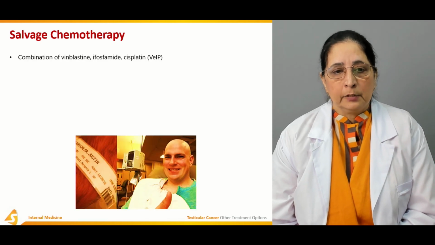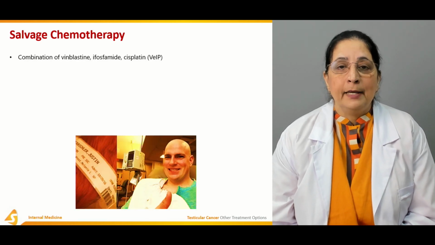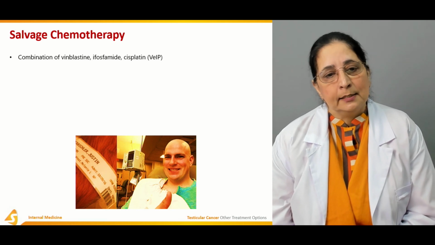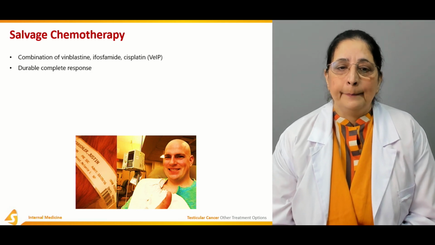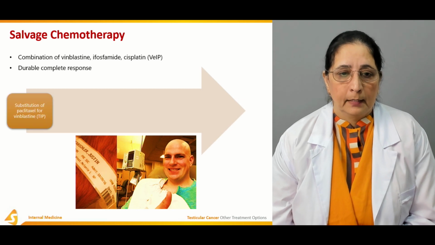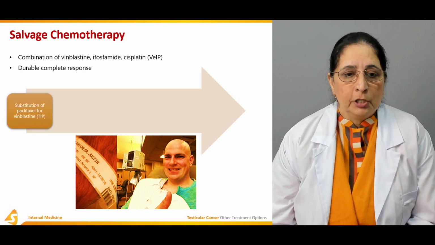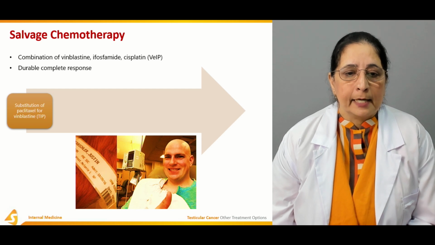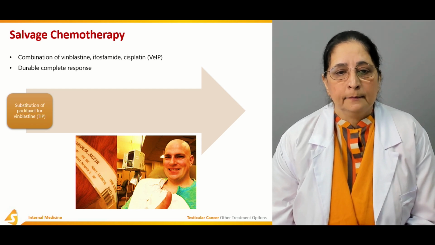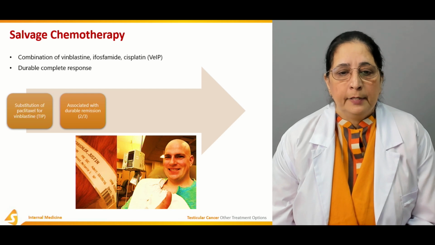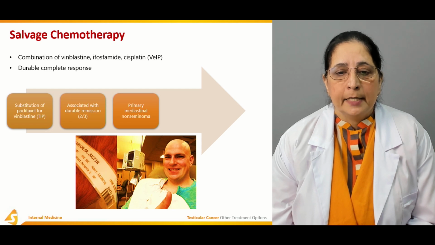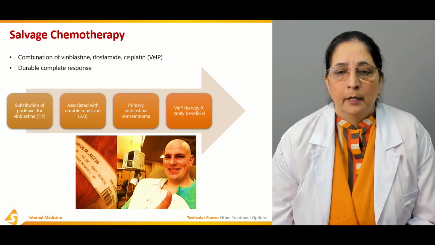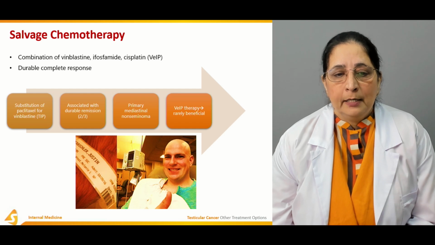Salvage chemotherapy: a combination of vinblastine, ifosfamide and cisplatin is used, and can give a durable complete response. Substitution of paclitaxel for vinblastine is associated with durable remission. For primary mediastinal non-seminoma, this therapy is rarely beneficial.